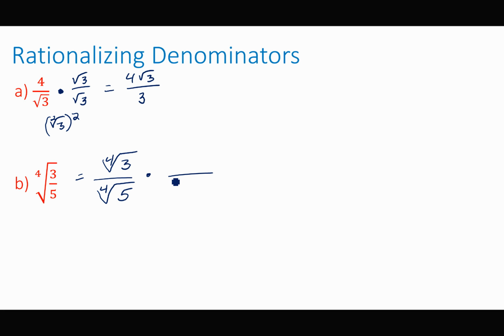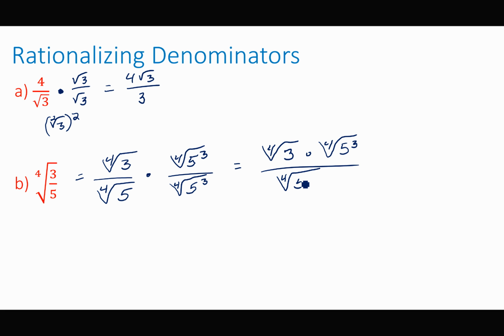So I'm going to multiply by the 4th root of 5 cubed, and you'll see why I chose 5 cubed here in a second. So when I do this, I have the 4th root of 3 times the 4th root of 5 cubed all over the 4th root of 5 to the 4th.